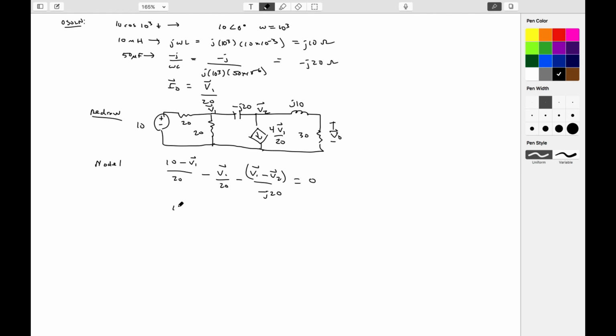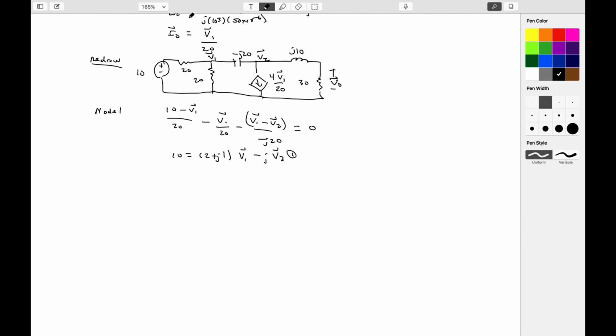We can simplify this to be that 10 is equal to 2 plus j1 V1 minus j V2. This is equation 1.